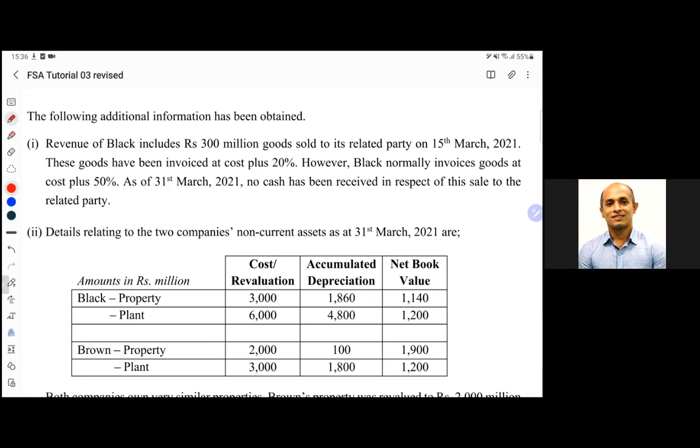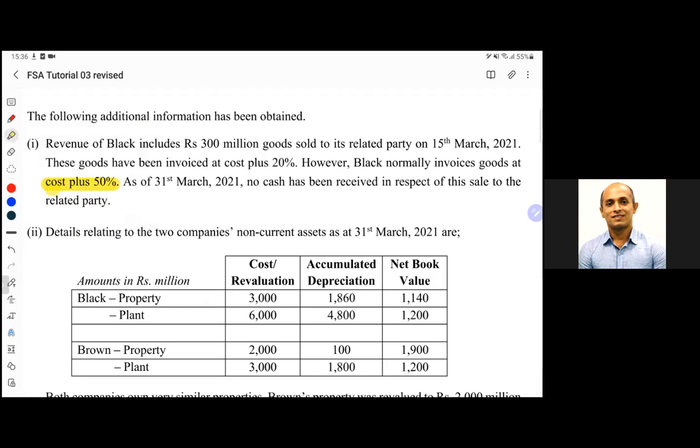These goods have been invoiced at cost plus 20%. However, Black normally invoices goods at cost plus 50%. You see here, this company calculates selling price. The usual selling price is cost plus 50%.